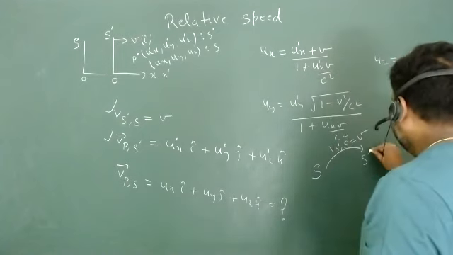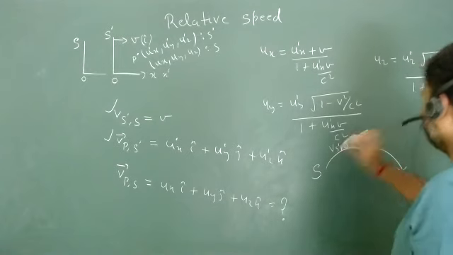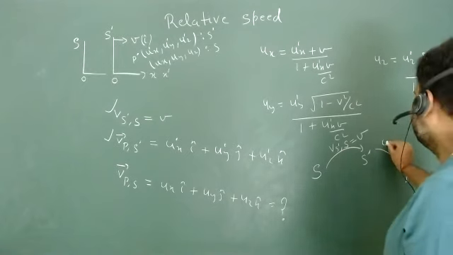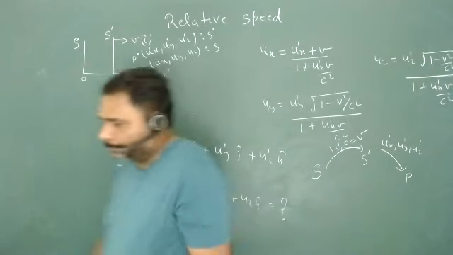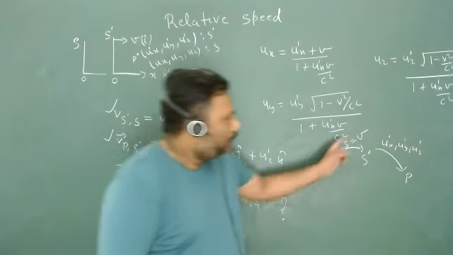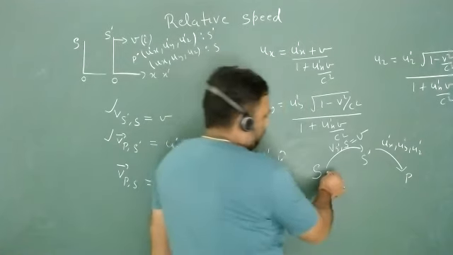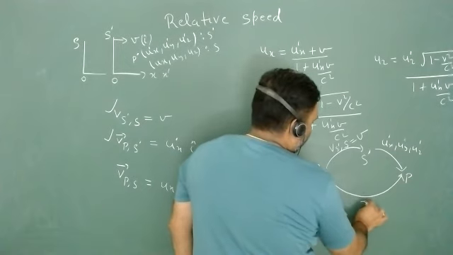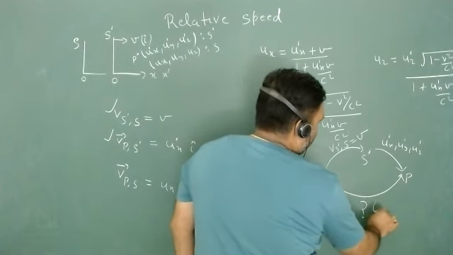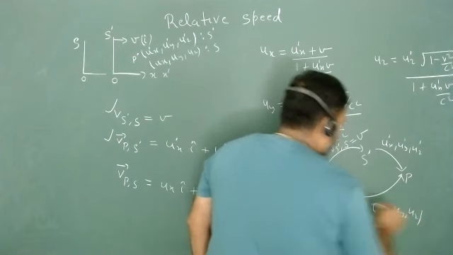Then we have the relationship of the particle with respect to S dash, given by ux dash, uy dash, uz dash. This thing will be known, this thing will be known. We will make a provision such that we always try to calculate this particular thing, and this is known as ux, uy, uz.